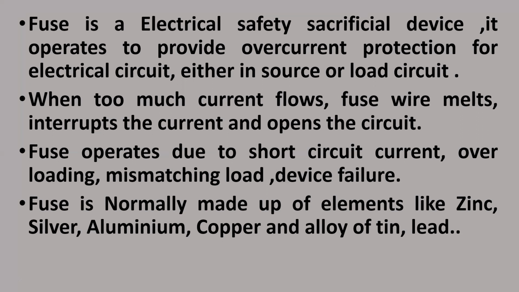So what do you mean by overloading and mismatching? Actually, suppose we have a circuit like this. Here a fuse is connected, a fuse of 5 amperes. This is one line, phase line or neutral. Here you have one fuse and this is connected to a load.